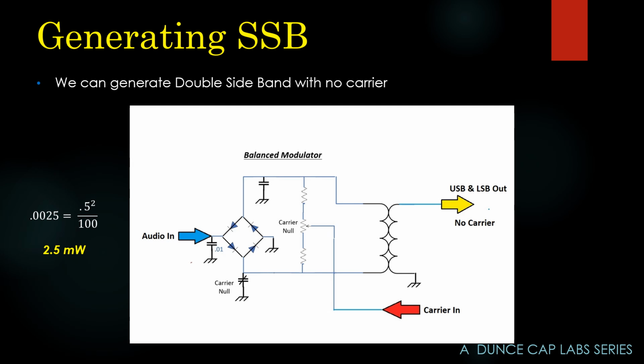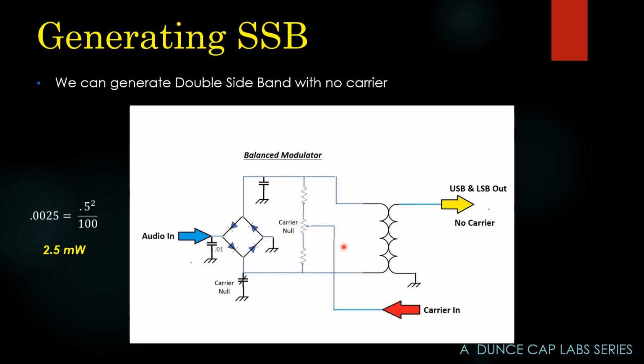Now, I talked about the high drive level of the balanced mixer. Well, that's a relative term. The input impedance to this circuit right here, as the carrier oscillator sees it, is about 100 ohms. Actually, it's about 120 ohms, but let's just say it's about 100 ohms.